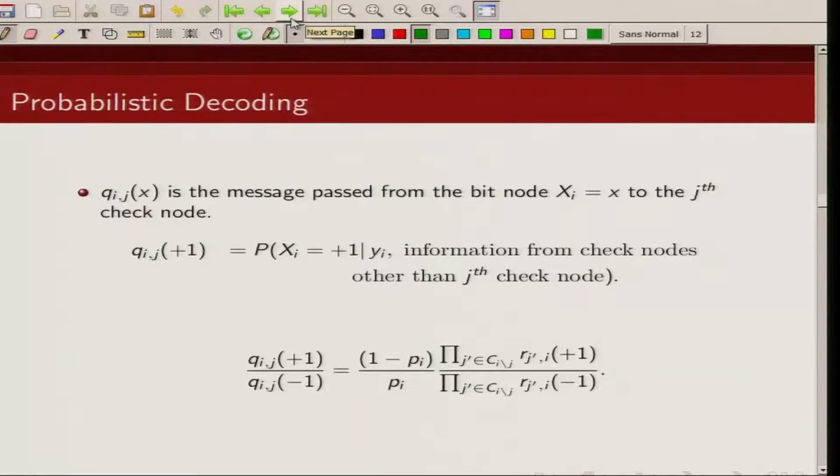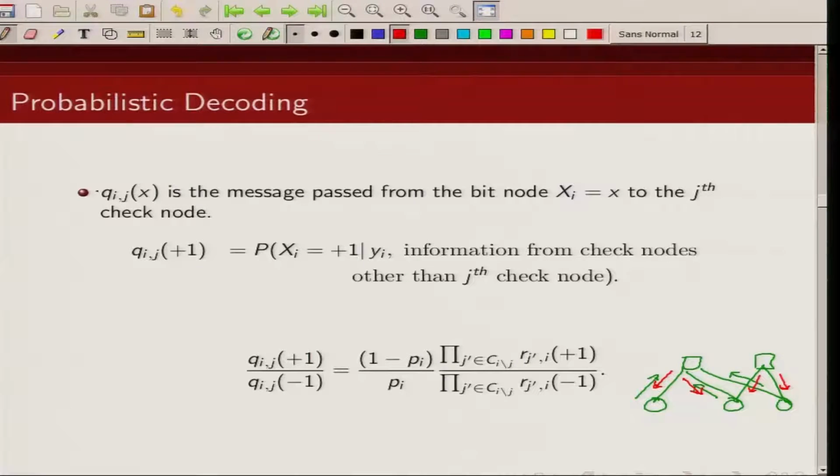Now what is this Q distribution? We will come to that. There are two types of messages. If I draw any Tanner graph, let us say this is some graph I am drawing, there is one set of messages which is going from the message nodes to the check nodes, going like this, and another set of messages which is coming from the check nodes to the message bits.